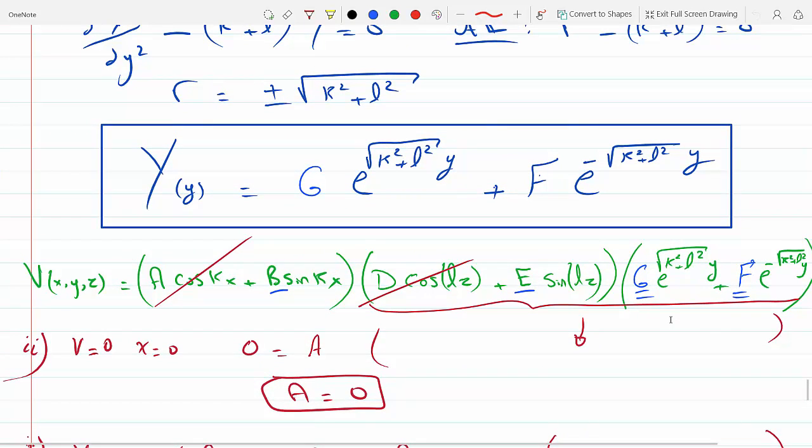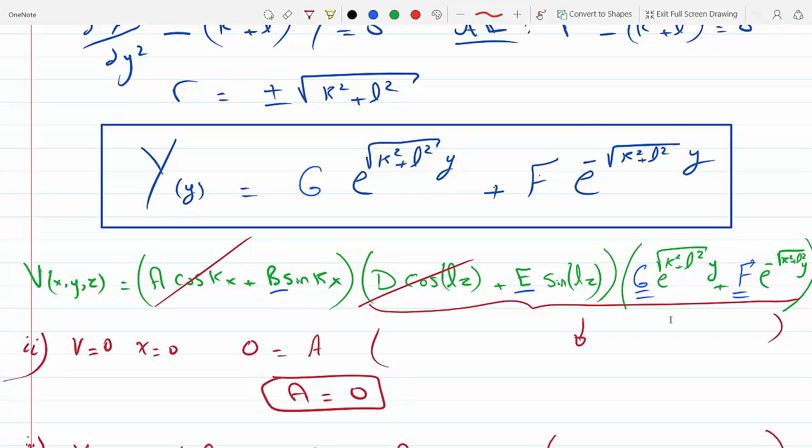Okay, look at this exponential. If y goes to infinity, the potential goes to infinity. If y goes to infinity, the potential goes to infinity. You agree?